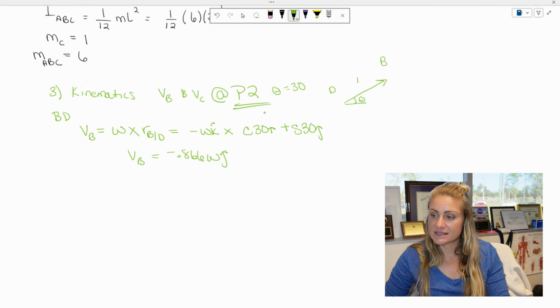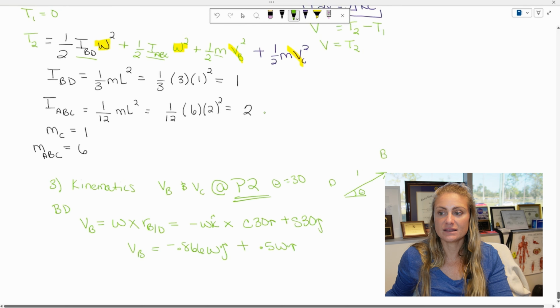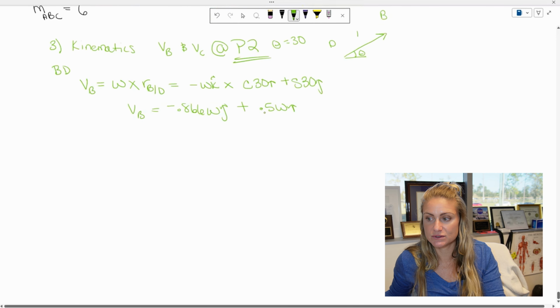Then I have sine of 30, which is going to be 0.5 omega. K cross J is negative I, but you have a negative here, which makes it positive. Now, VB in this equation is a scalar, not a vector. So you will need to calculate the magnitude here, okay?